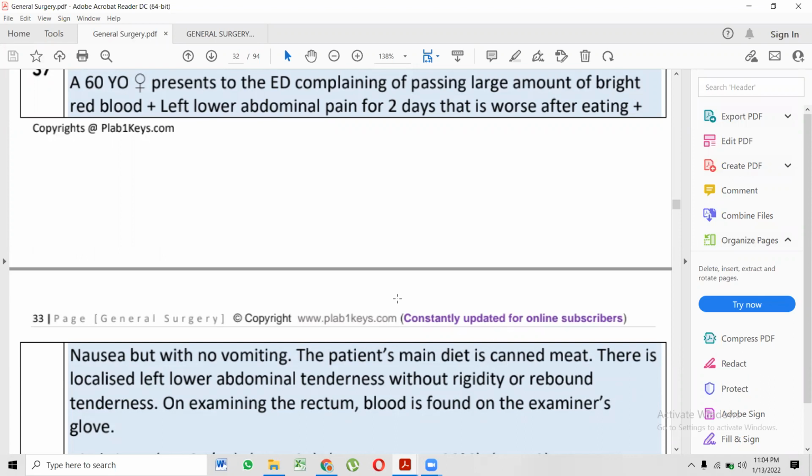So it mostly looked like a case of diverticulosis or an infected diverticulum, which will cause diverticulitis. When a diverticulum is infected, it can cause bleeding per rectum.